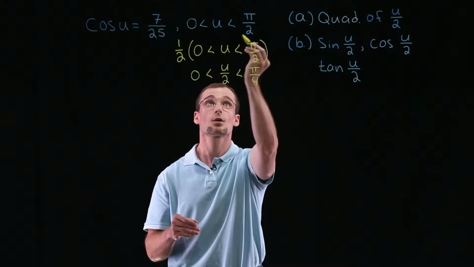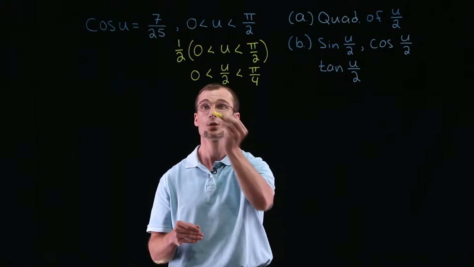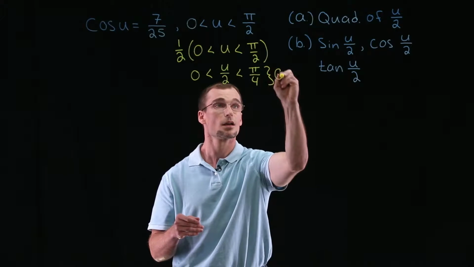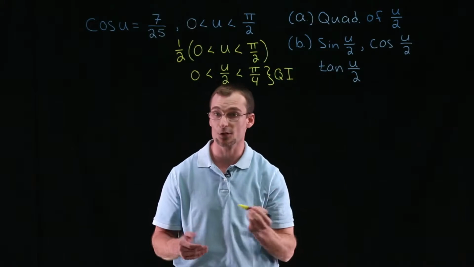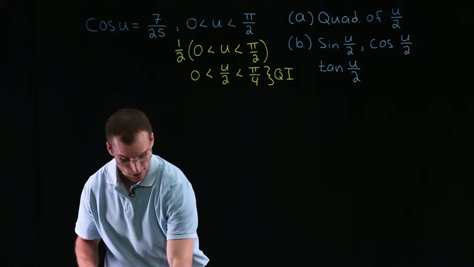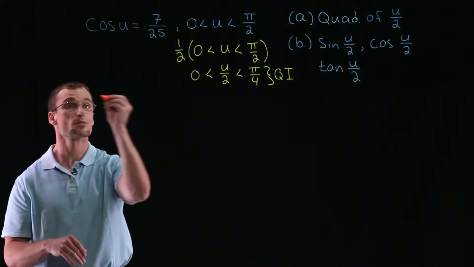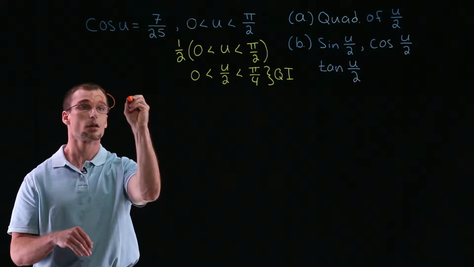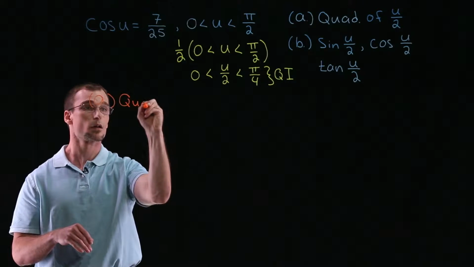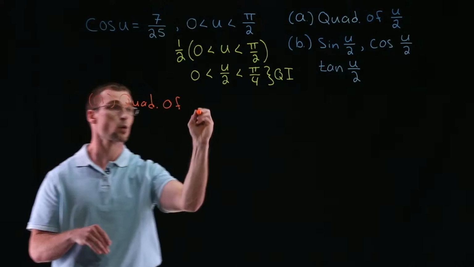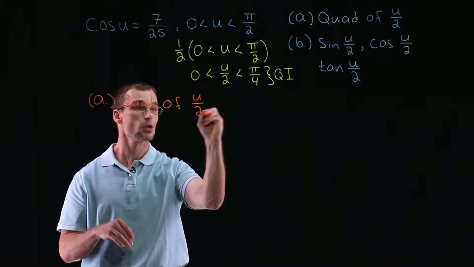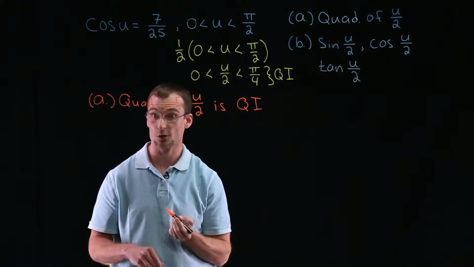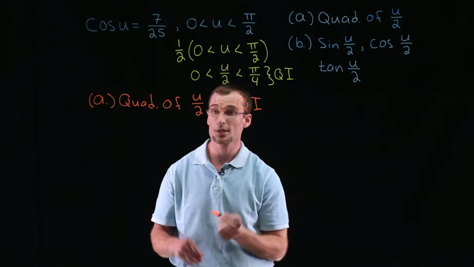So if u is between 0 and pi over 2, we know that u over 2 is between 0 and pi over 4, which is in our first quadrant. So that gives us part A. The quadrant of angle u over 2 is quadrant 1, the first quadrant. So the first part's done.